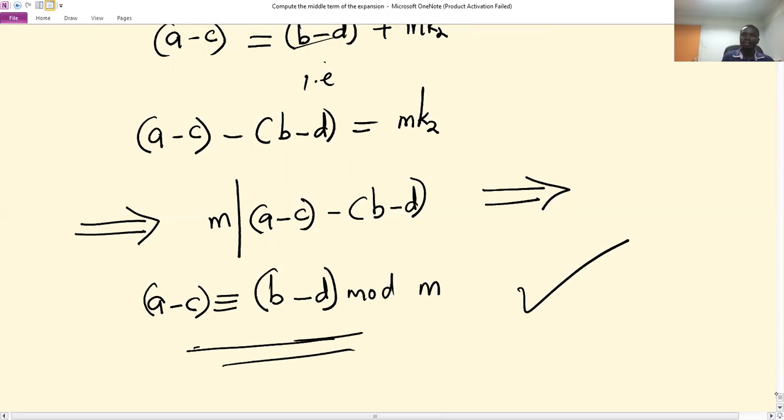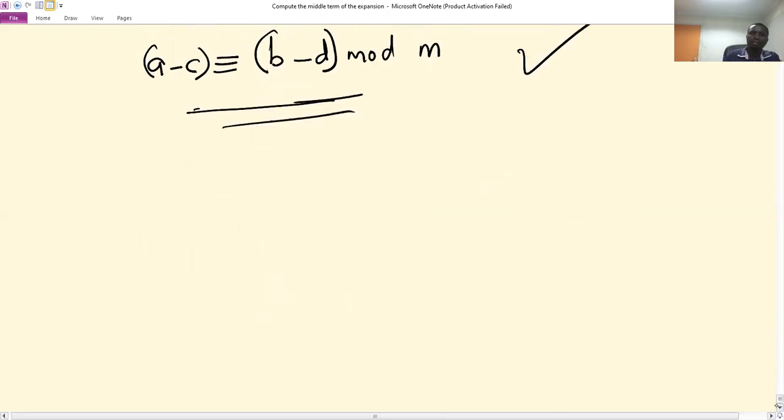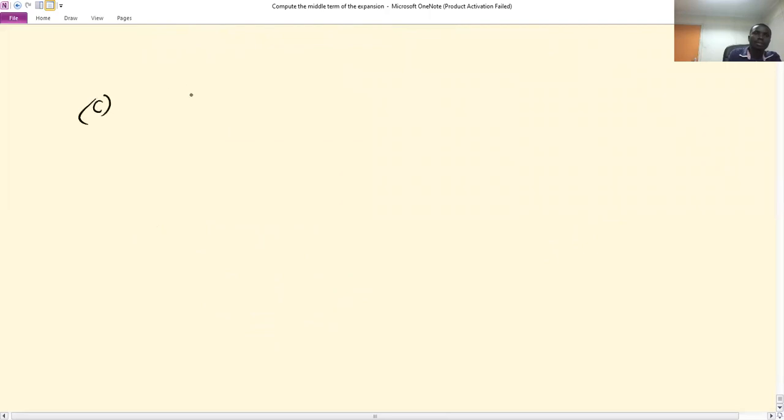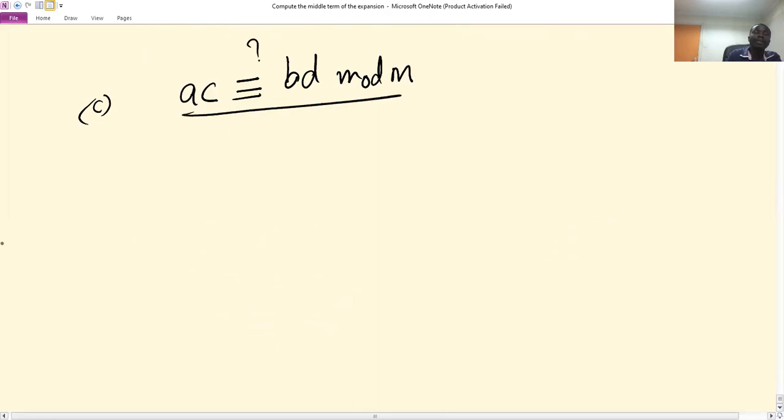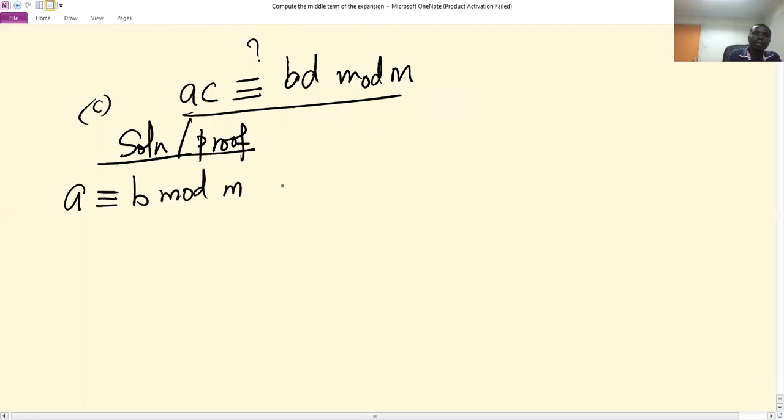And lastly, we show that AC is congruent to BD modulo M. So we have to show this. So solution or proof. A is congruent to B modulo M implies M divides A minus B. This is from the definition.